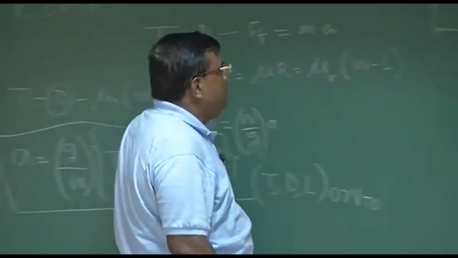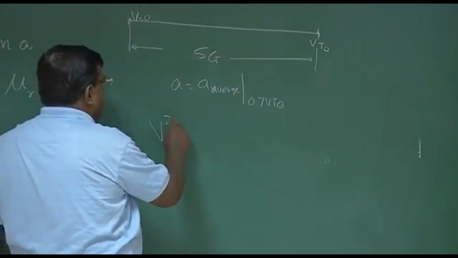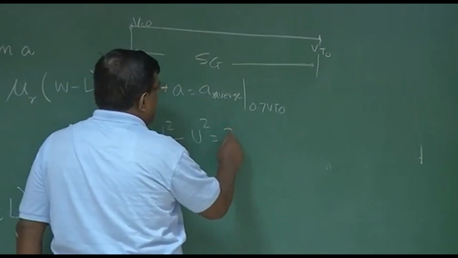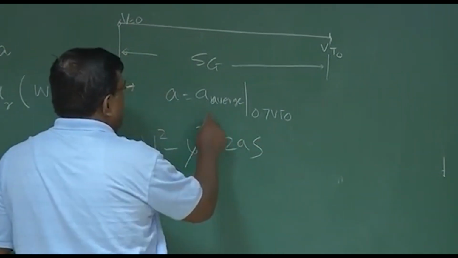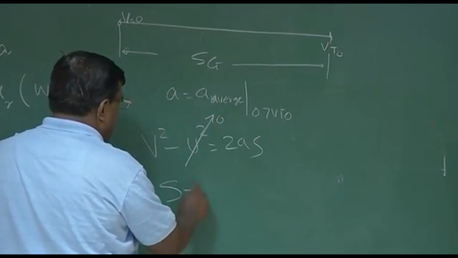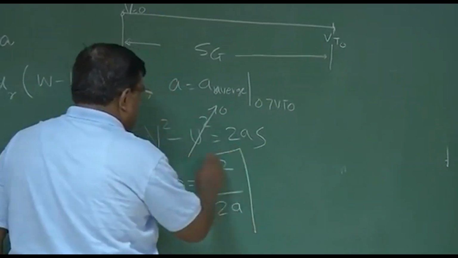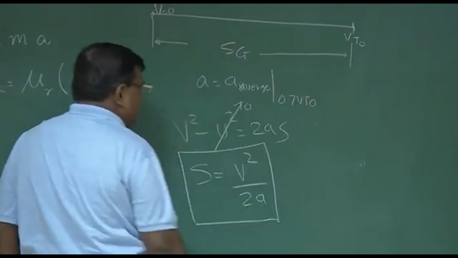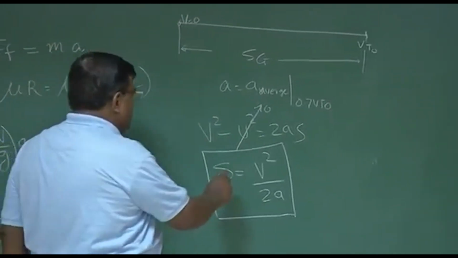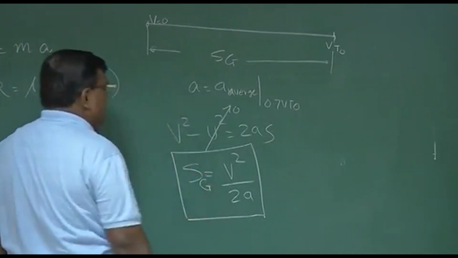Then simply I go for V square minus U square equal to 2as. I know initial velocity is 0, so I know S equal to V square by 2a, and that is nothing but my SG.